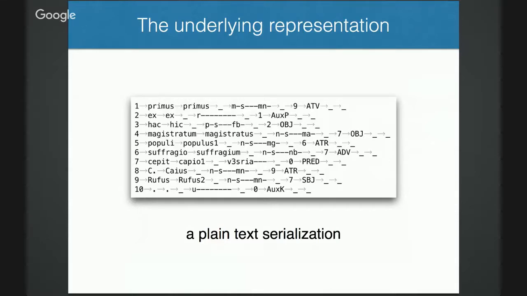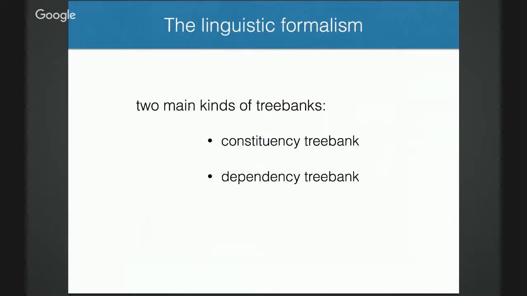So the first column is simply the ID of the word, the second is the word form, the third the lemma, and so on.